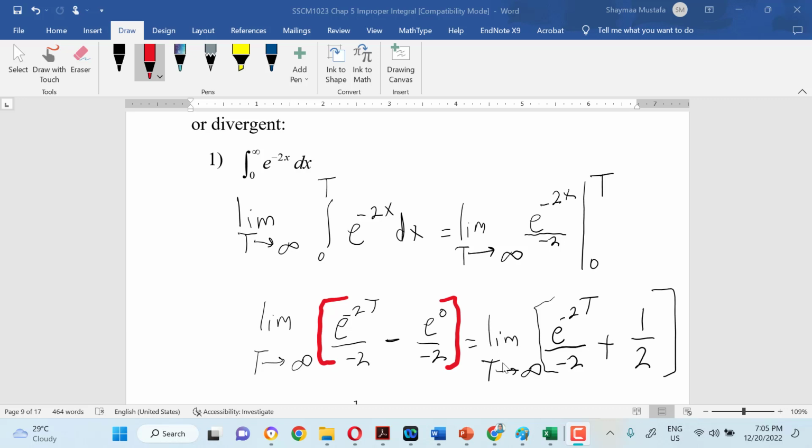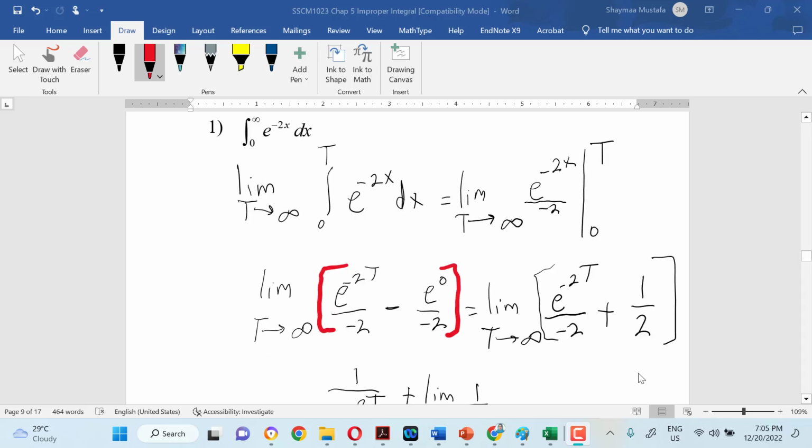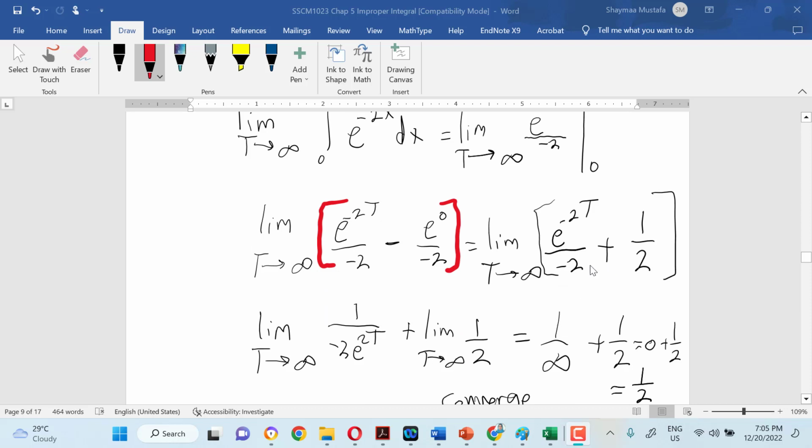Now it is equal to the limit when t goes to infinity of exponential minus 2t over minus 2. Here the minus becomes positive, and exponential 0 is 1, so it is 1 over 2. For the limit here, when substituting infinity, we have exponential minus infinity.